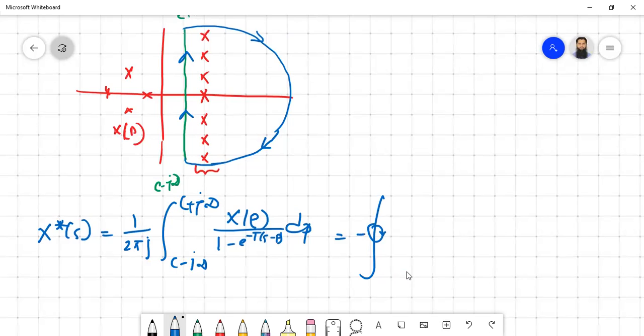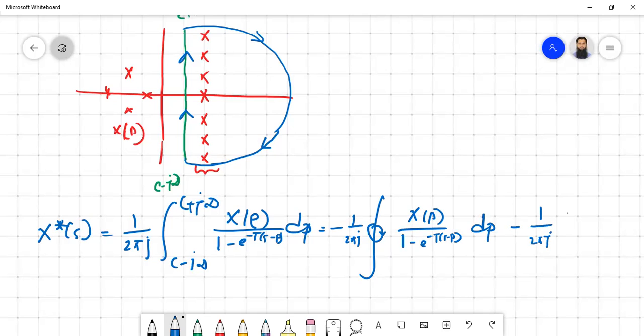So we have, and also the constant thing we forgot, minus 1 by twice pi j. Then you have xp, 1 minus e to the power minus ts minus p, dp.